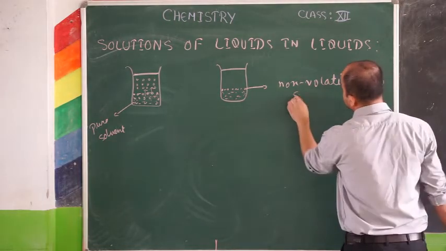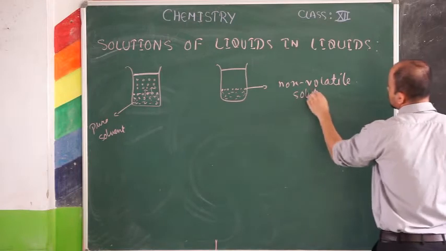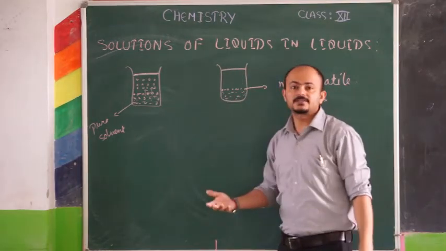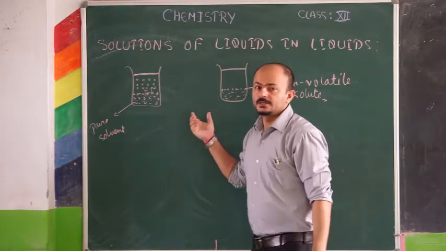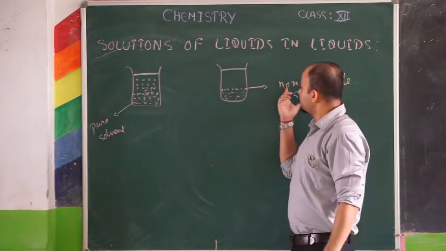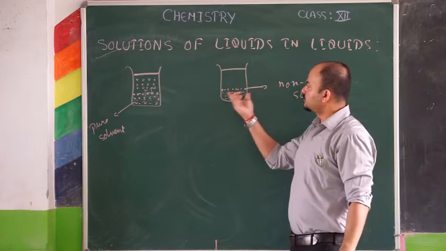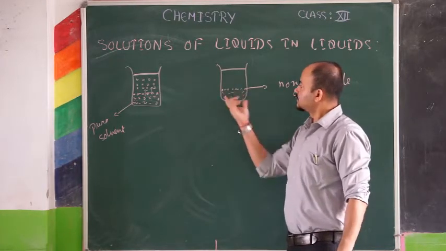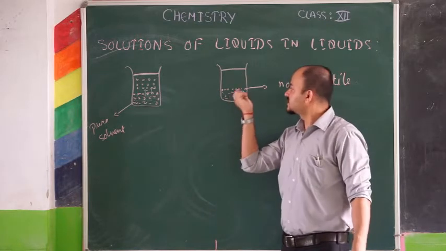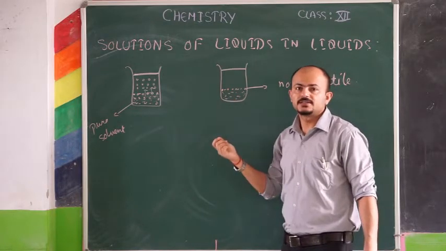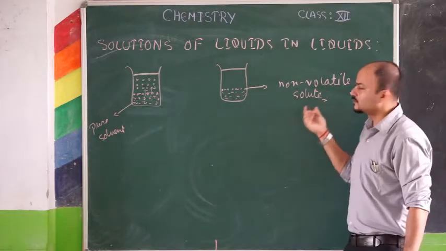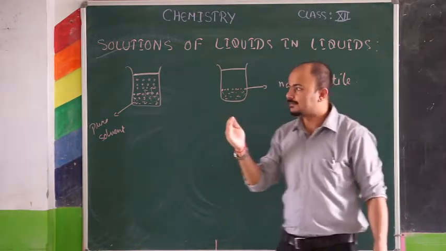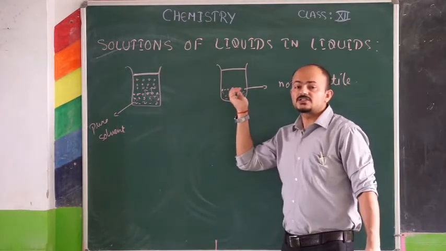Non-volatile means it won't be going to the vapor phase. That means if this non-volatile solute is added to this solution, some of the surface will be occupied by this non-volatile solute. Non-volatile, I told you, doesn't go to the vapor phase. Now what will happen?